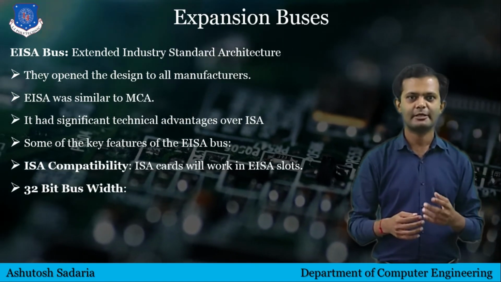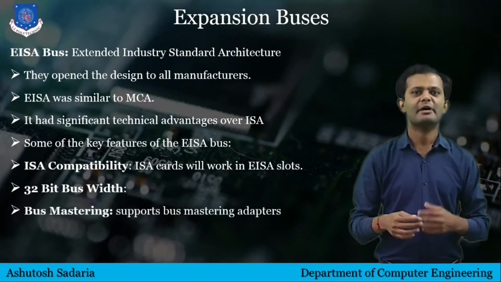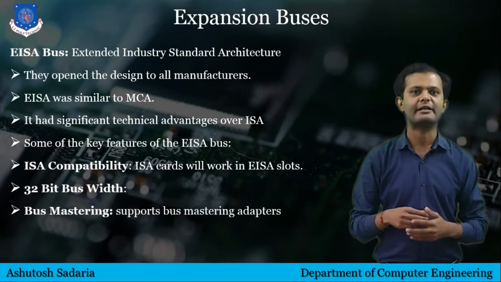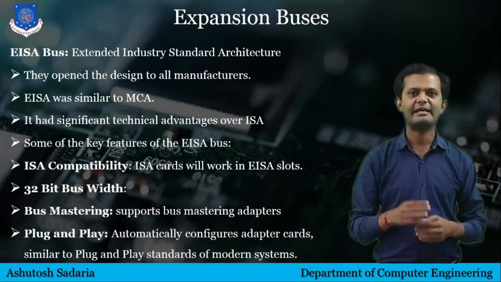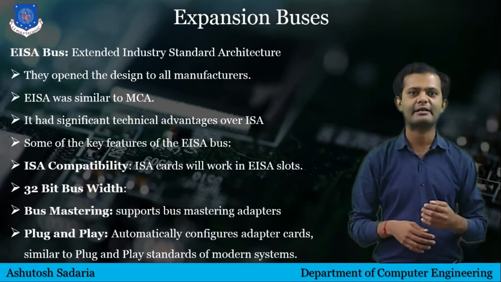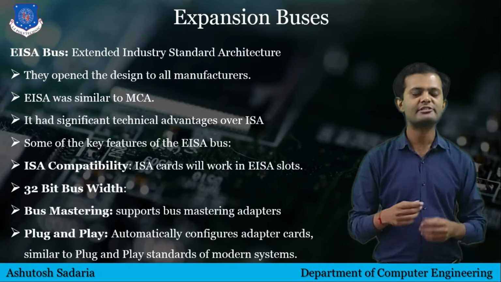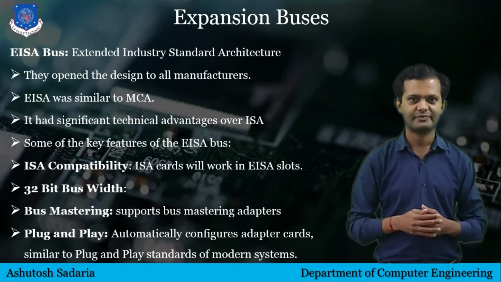Like the MCA bus, the bus is expanded to 32 bits. The third is bus mastering. The EISA bus supports bus mastering adapters for greater efficiency. And next is plug and play. The EISA bus automatically configures adapter cards similar to the plug and play standards of modern systems. You just need to attach cards to the EISA slots and you can work on that device.